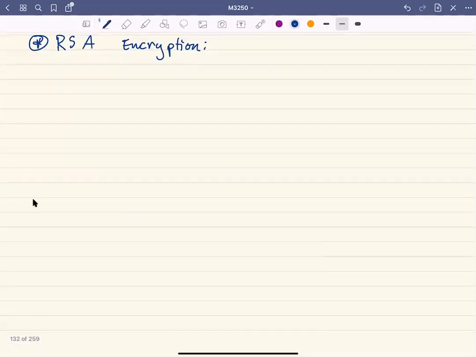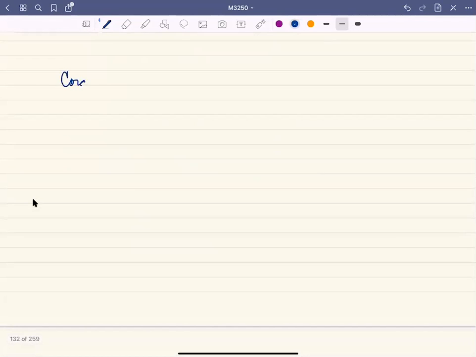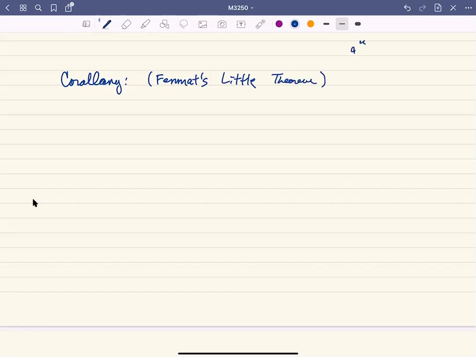One corollary that I think is worth pointing out, and this is sometimes called Fermat's little theorem. Fermat's last theorem, by the way, was the a to the n plus b to the n equals c to the n theorem.